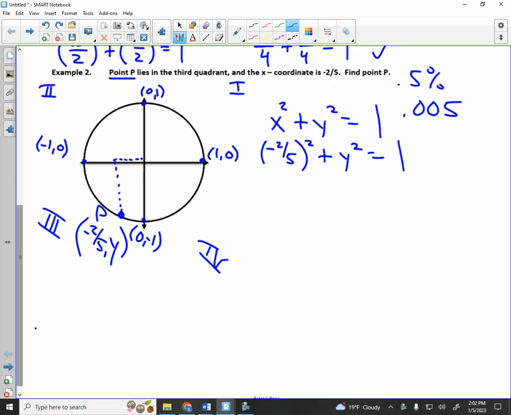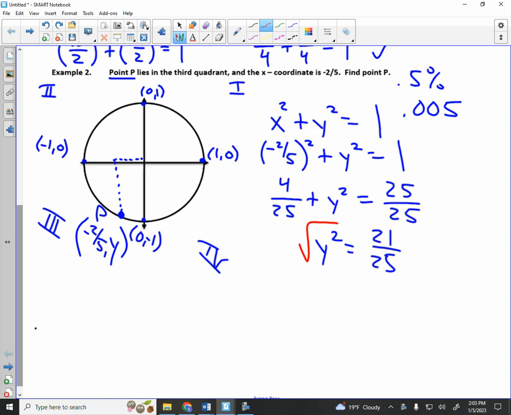If I square negative 2/5, square the top, I get 4. Square the bottom, we get 25. And I'm going to rewrite 1 so that it has a denominator of 25. So I'm going to write it as 25 over 25. Subtract the 4 over 25, I get y squared is equal to 21 over 25.